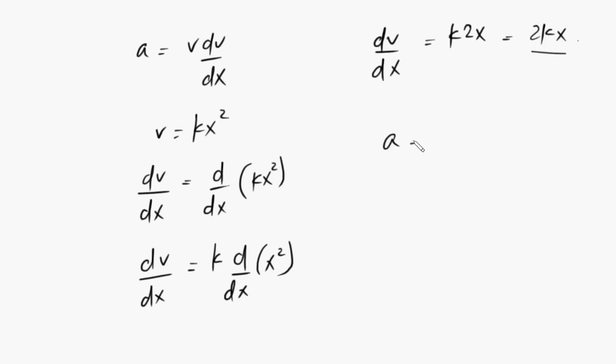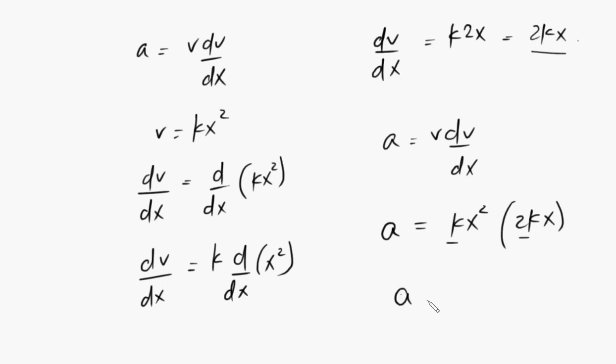So a now is equal to v dv dx. So acceleration is equal to v. V ni kx squared times dv dx ndio hapa tumepata 2kx. So k na k nazidisha na 2, so its acceleration is just going to be equal to 2k squared times x cube. So acceleration nimekuja kupata ni sawa na 2k squared x cube.